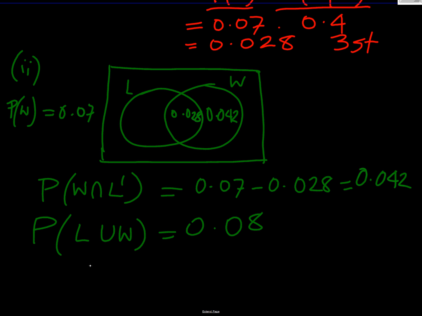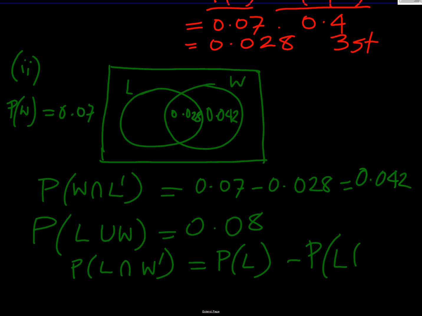Then we know that the probability of L intersect with not W, well, we're going to use our other formula, but first we're just going to write it out. So that's going to be the probability of L, take away the probability of L intersect W, which we've already worked out. That's what we're going to try and find out now.